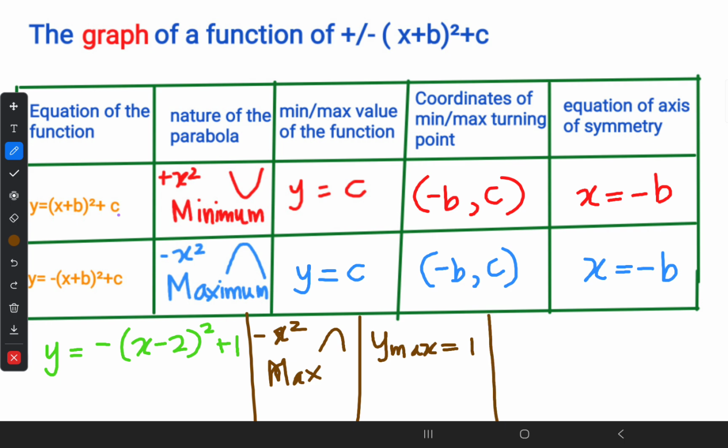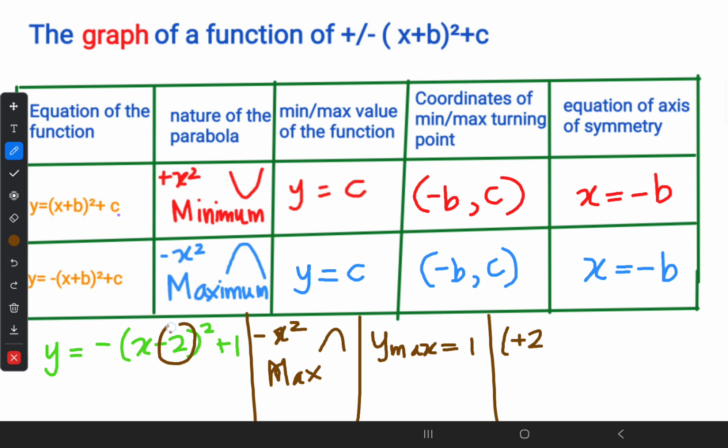Thereafter, the coordinates. Here you have to be careful. If the value is positive, look at x plus b. If it is plus b, you have to write negative b here. If it is negative 2 already, here you need to write positive 2. The number inside the square, you have to make its opposite.